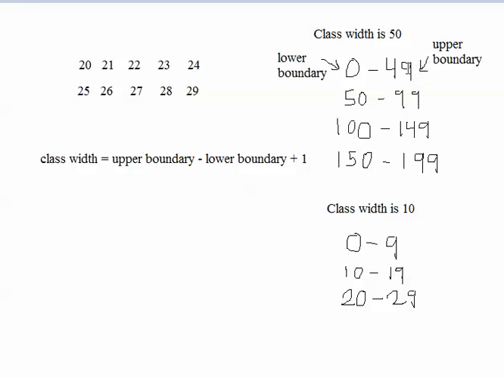So the upper boundary is 49, minus the lower boundary of 0, which is right here, plus 1 at the end. So what's 49 minus 0 plus 1? 49 minus 0 is just 49. And then 49 plus 1 is 50. So we get our class width of 50.